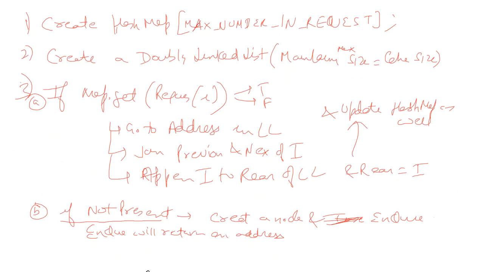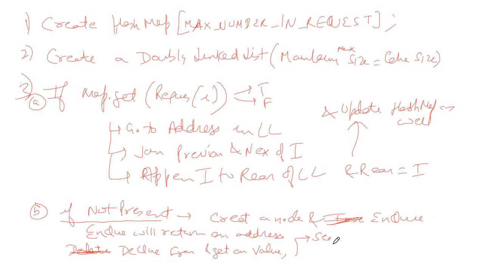Now you enqueued it, but definitely you need to delete something from the queue. If it is not present and it's a miss, so dequeue from the front and get a value.